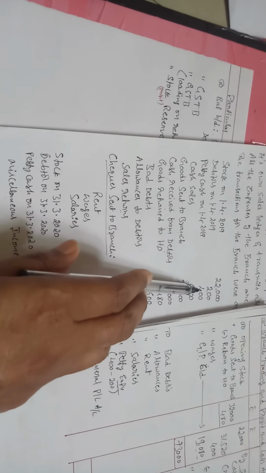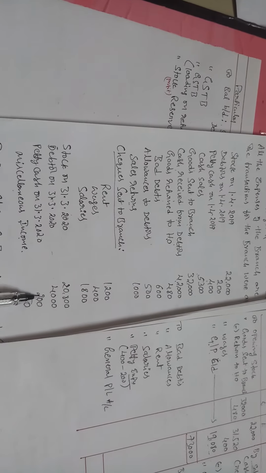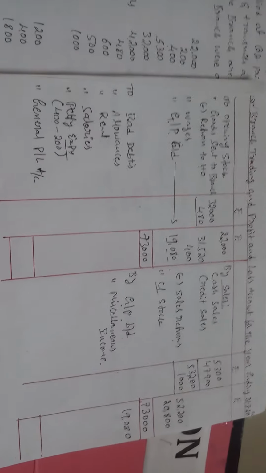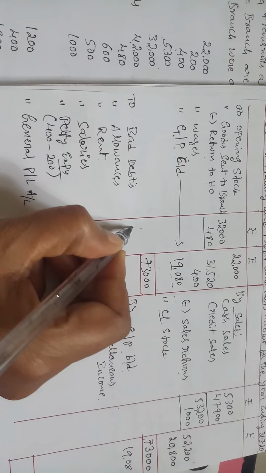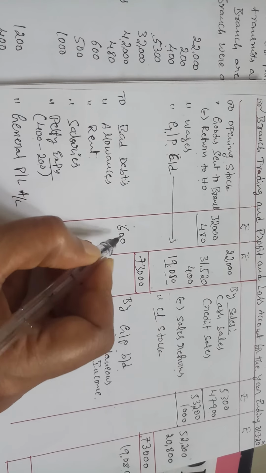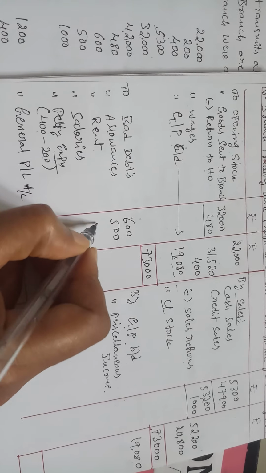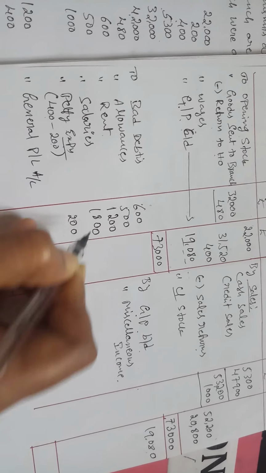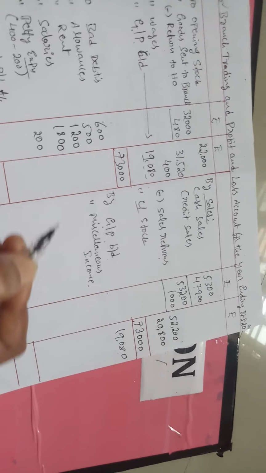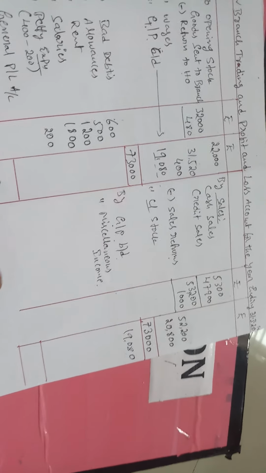Opening is 400, closing is 200, so the remaining 200 rupees is the expense. Bad debts 600, allowances 500, rent 1,200, salary 1,800, and 200 for petty expenses.